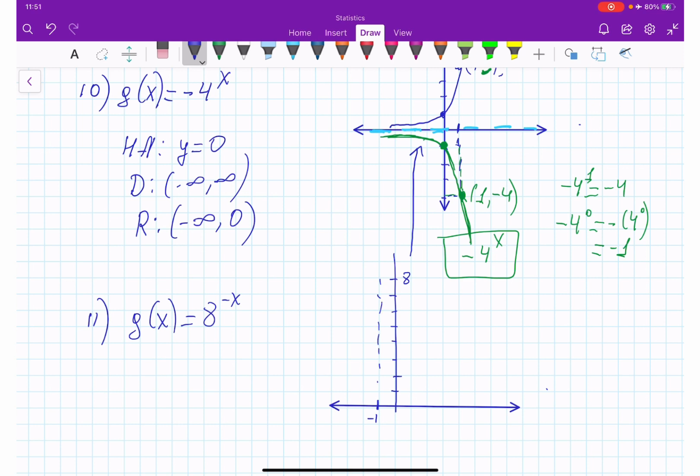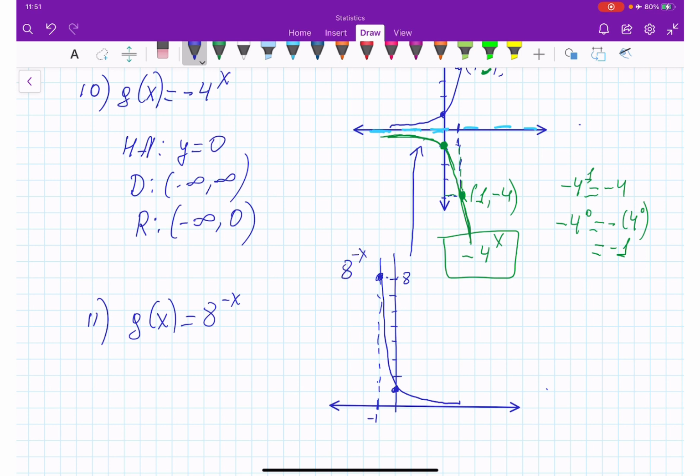See, the higher the base, the closer it comes to the y-axis. Here it's coming from 8, and here it's coming through negative 1, so it's going to come like this. 8 to the power negative x.